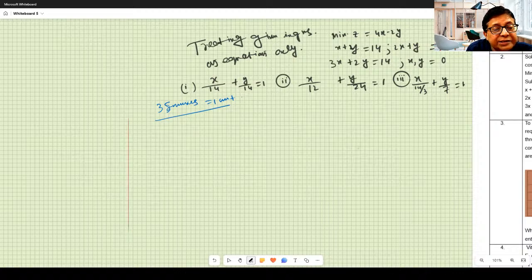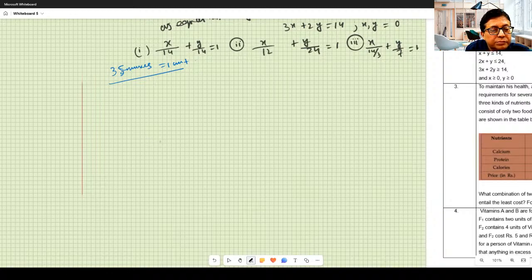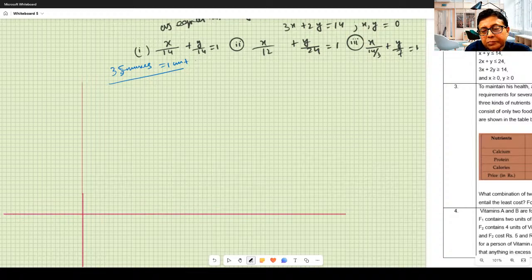This is our y-axis. We can plot the line without much effort. Intercept form, if it doesn't work, then we can plot directly by putting values. Okay? So should I do that only? Directly by putting values, better we do.